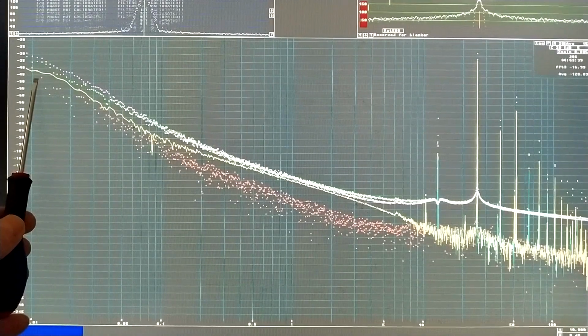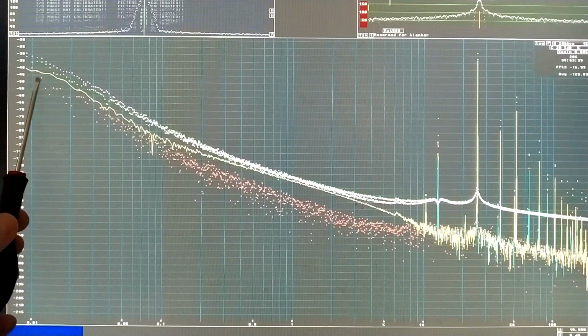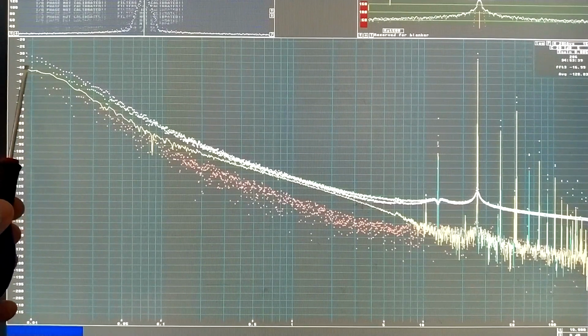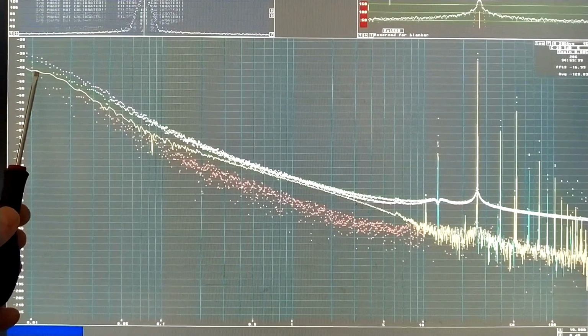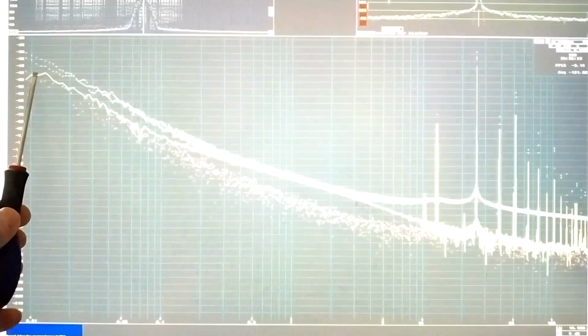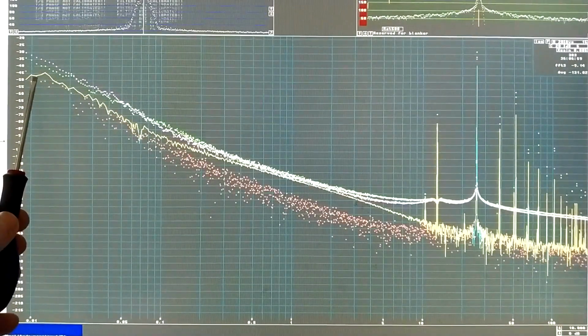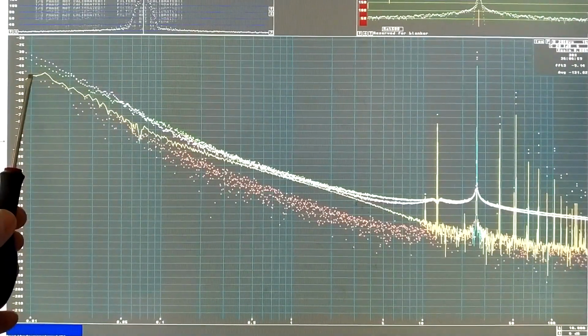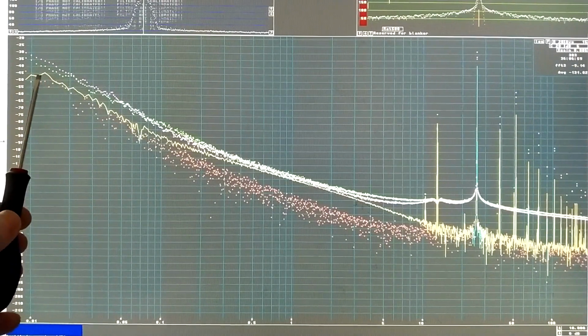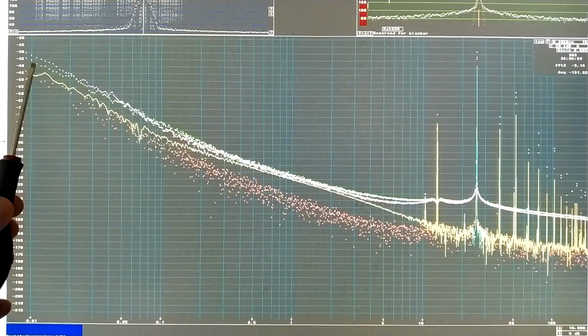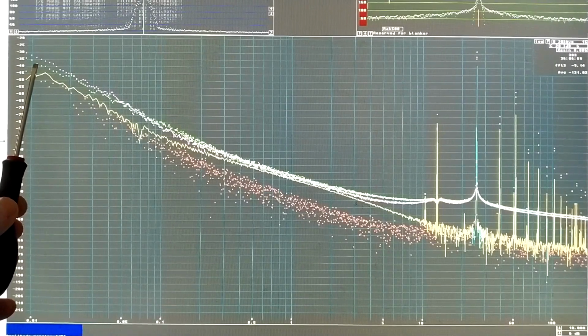But, as you can see, the red dots, the imaginary part, is of the same magnitude as the real part. And it's the same here, the imaginary part and the real part. The uncorrelated for channel 1 and channel 2. They are very similar.